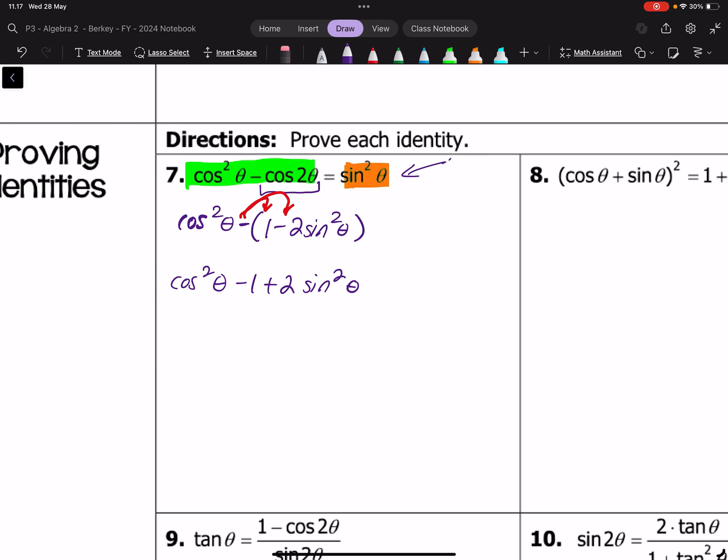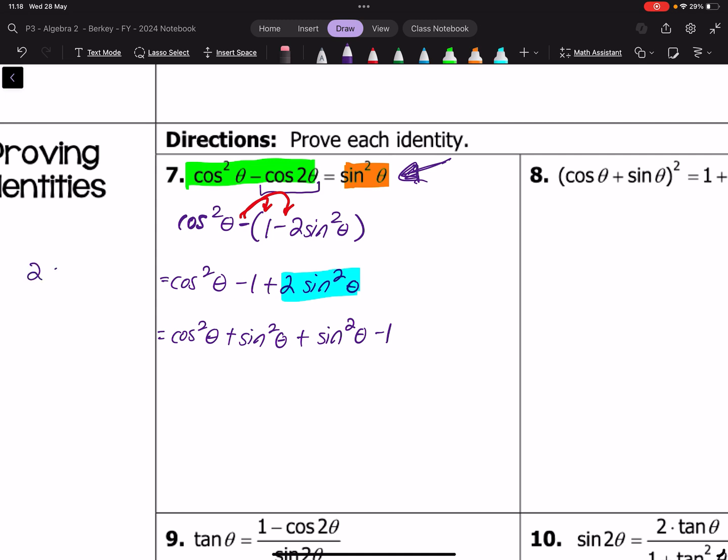Okay, now again, we're trying to get it to sine squared theta only. Watch this, okay? I'm going to write this next line. Cosine squared theta plus sine squared theta plus sine squared theta minus 1. Now, what did I just do? What I just did was I took 2 sine squared theta.